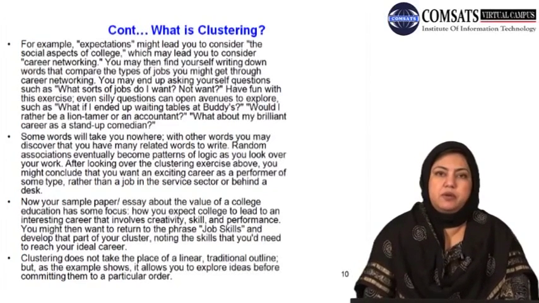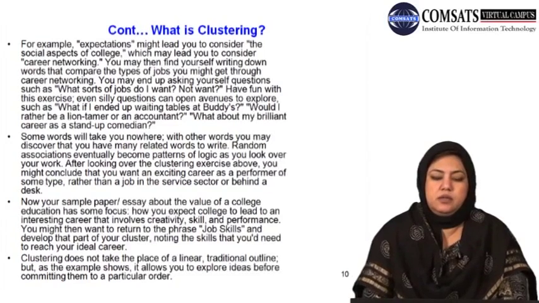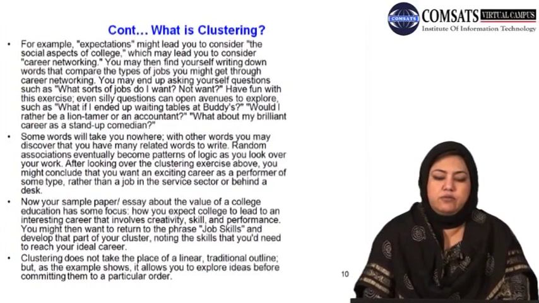Now your sample paper or essay or the composition that you have to write on the value of a college education would have some focus, and you can focus on how you expect college to lead to an interesting career that involves creativity, skill and performance.